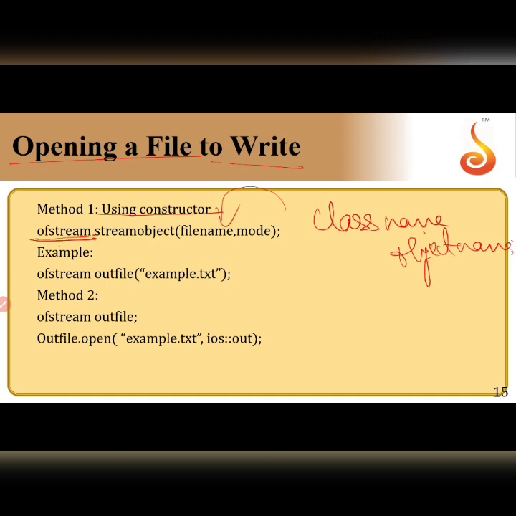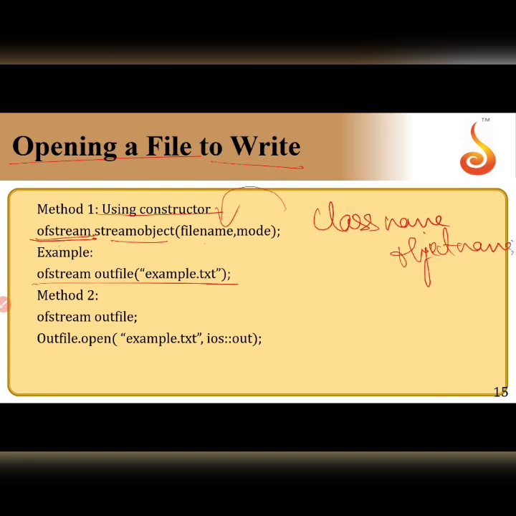Because ofstream is for writing, ifstream is for reading. So when I am creating an object for this class and I am passing the name of the file which I need to write to, so you need to open that file. I am passing that as an argument here so that the file would be open for writing.